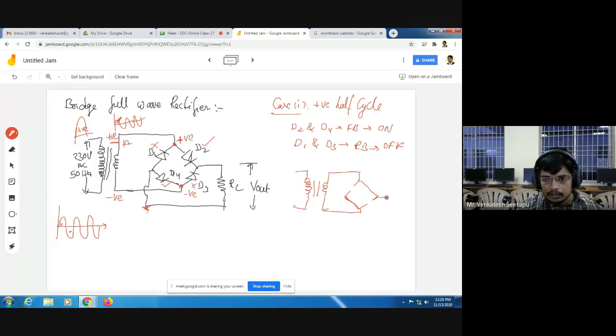Here I am connecting my load resistance RL, and here it is ground. Since the diodes are in on condition, current flows in this direction.